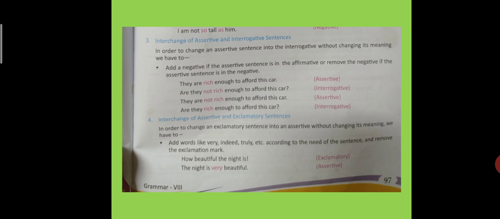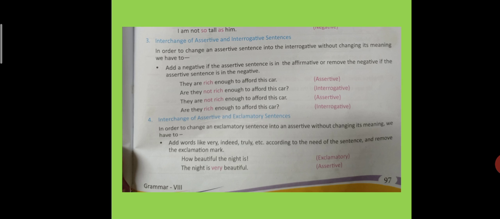Then the fourth one, that will be interchange of assertive and exclamatory sentences. So here goes the explanation. In order to change an exclamatory sentence into an assertive without changing its meaning, we have to add words like very, indeed, truly, etc. according to the need of the sentence, and remove the exclamation mark.